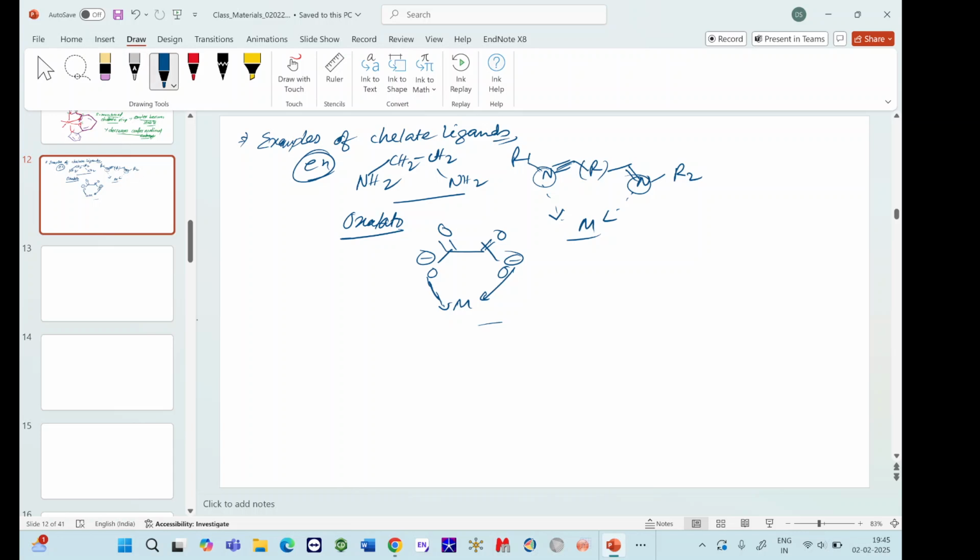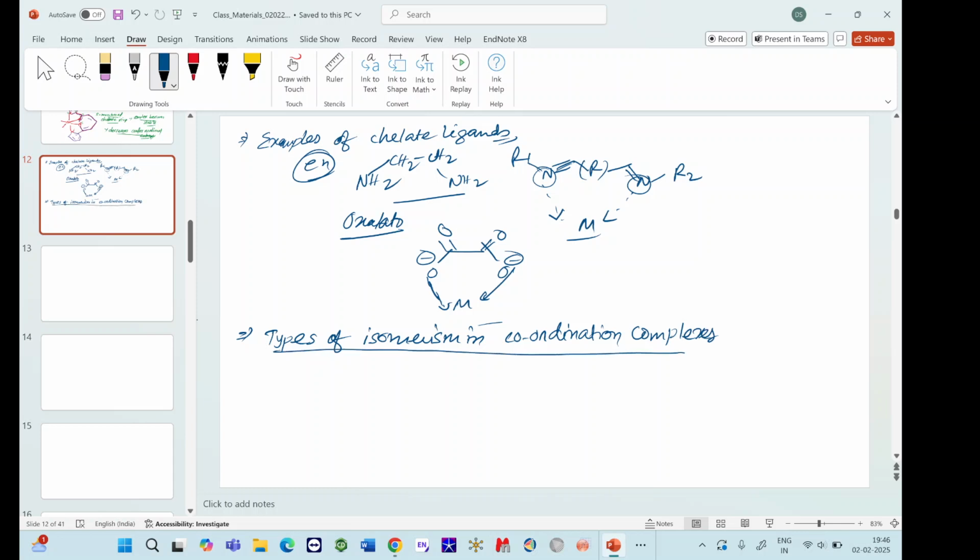Then what are the types of isomerism in coordination complexes? Mainly there are two types of isomers. One is called stereoisomer, another is called structural isomer.